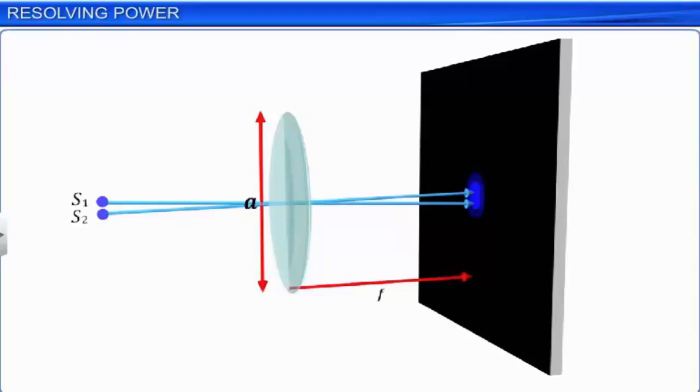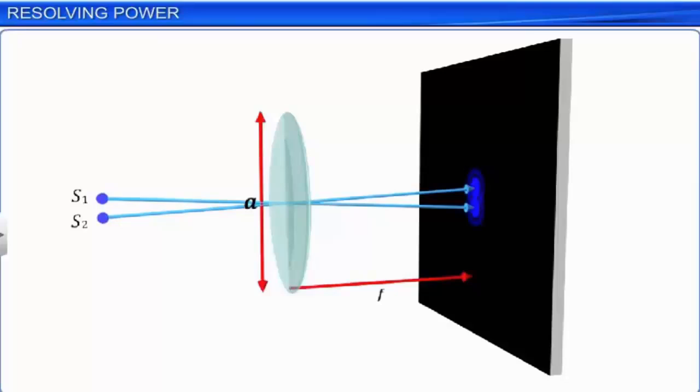These two images are said to be unresolved. If the two sources S1 and S2 are moved apart, the centers of their image disks also move apart. For sufficient separation, one can distinguish the presence of two disks in the pattern. In this case, we say that the 2 point sources are resolved.